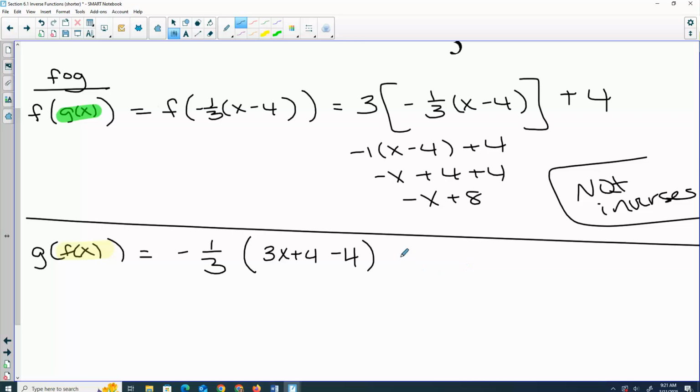So 3x plus 4 and minus 4 cancel. -1/3 times 3 is -1. So again, it's not x, so they're not inverses.